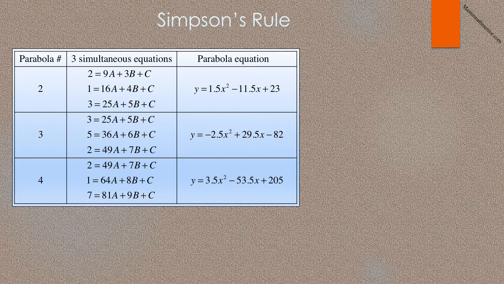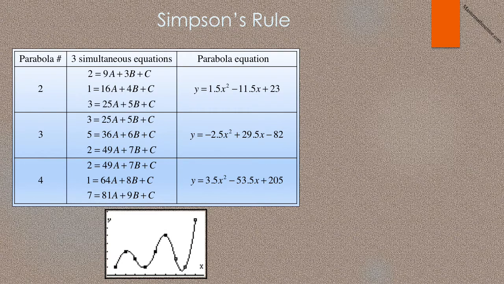Finally, the fourth parabola joins the points (7,2), (8,1), and (9,7), giving the equations 2 equals 49a plus 7b plus c, 1 equals 64a plus 8b plus c, and 7 equals 81a plus 9b plus c, and our resulting parabola equation is y equals 3.5 x squared minus 53.5 x plus 205. We graph all four equations on our calculator just to be sure that our equations pass through the required points.